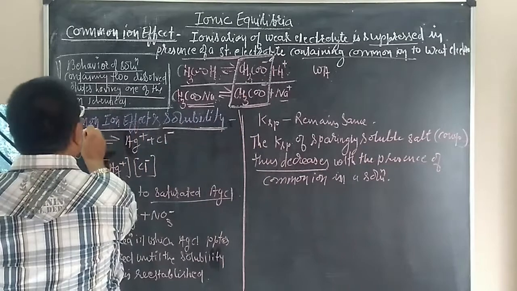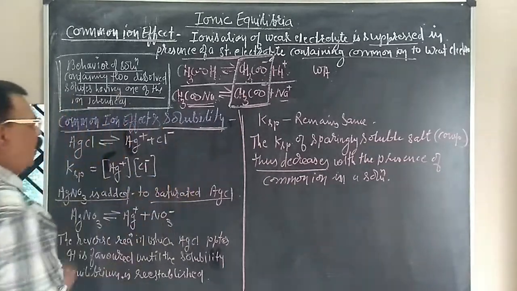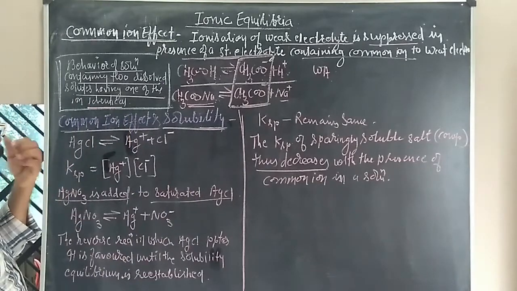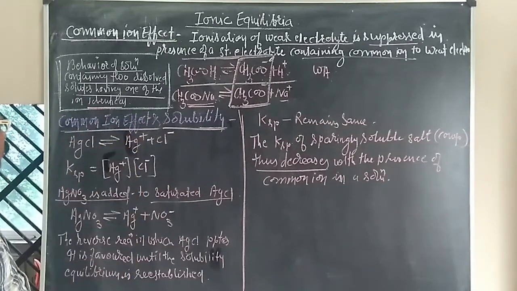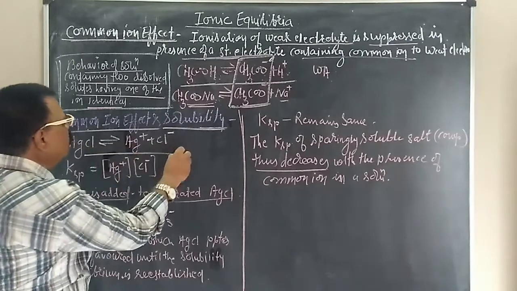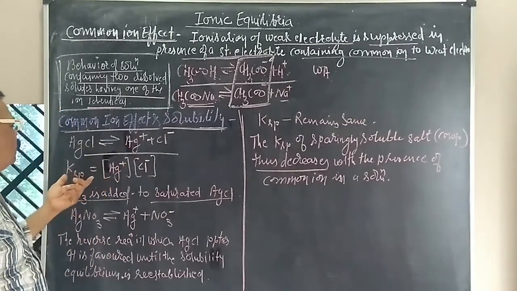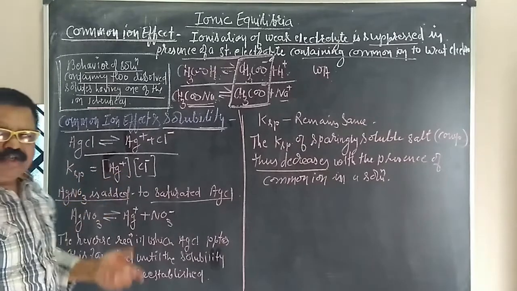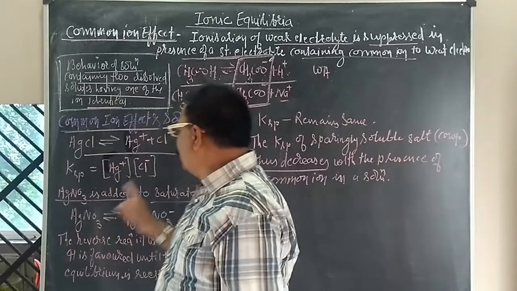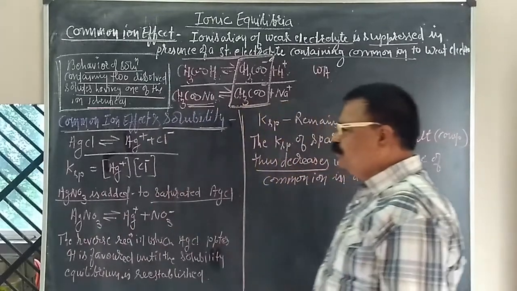Then we come to the second, that is the common ion effect and solubility. अगर हम लोग यहाँ पे बात करें तो देखिए क्या होगा. Again see, that is very simple. If I use the sparingly soluble salt silver chloride, the solubility product of this silver chloride is Ksp equals concentration of silver plus into concentration of chloride negative.